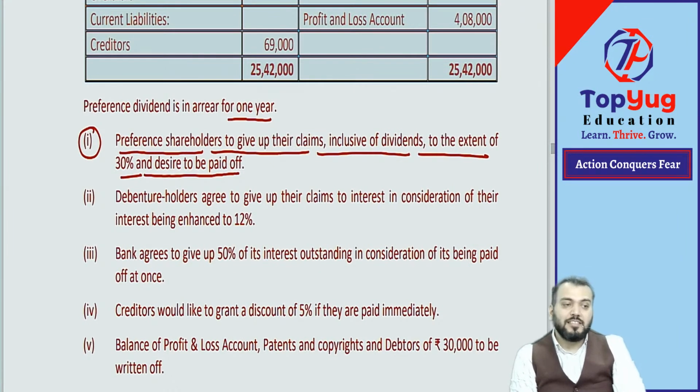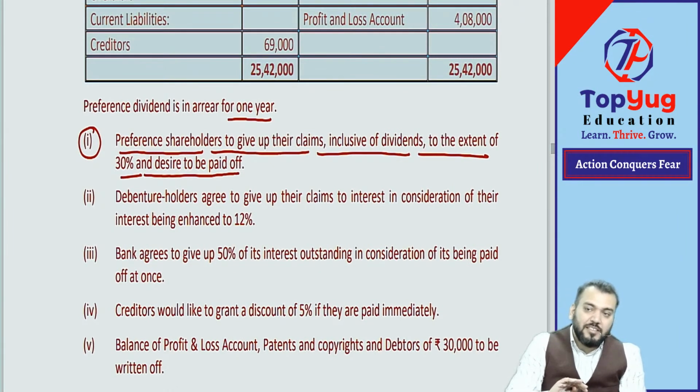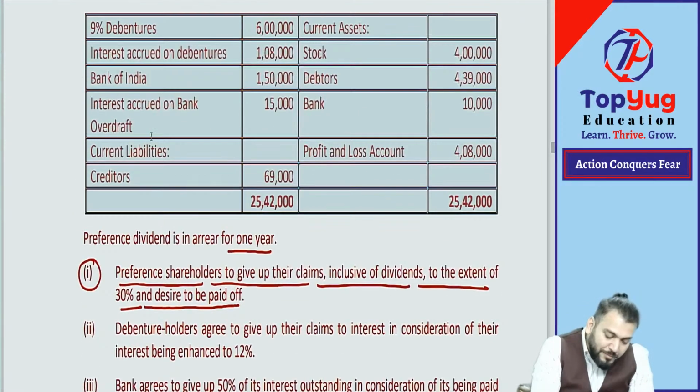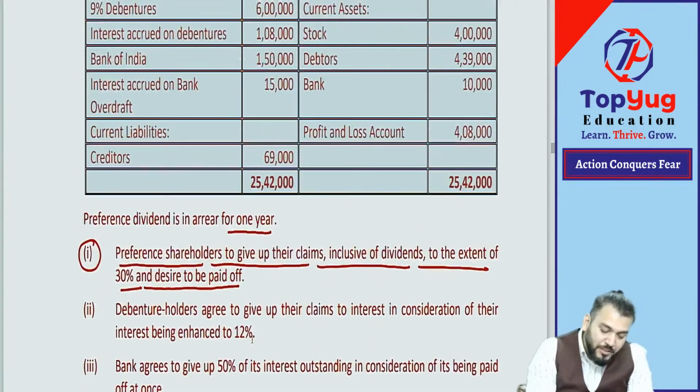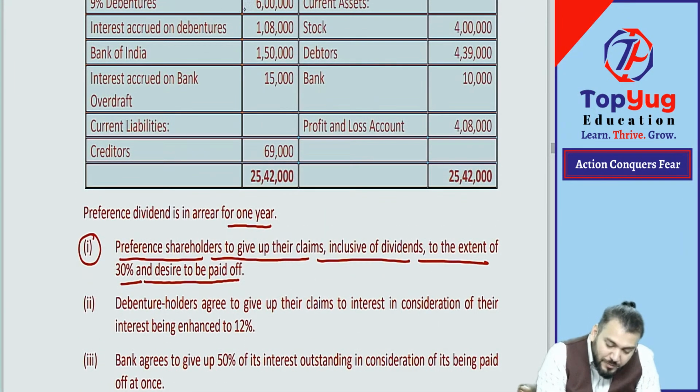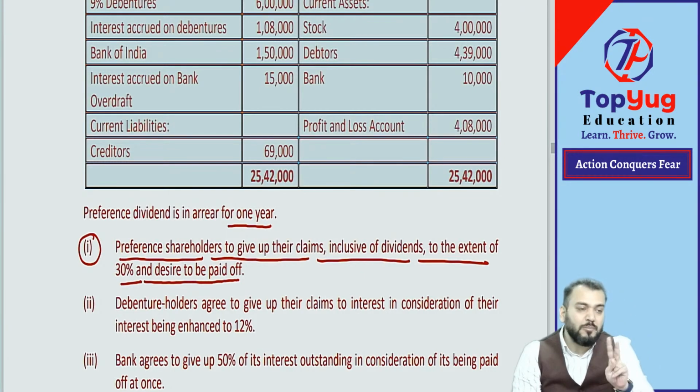So what they are saying: they will give up their interest, and in consideration their rate of interest should be increased from 9% to 12%. You can see balance in 9% debenture is coming and interest accrued on debenture is coming. So there will be a change in the class of debenture and the entire interest amount will be cancelled.